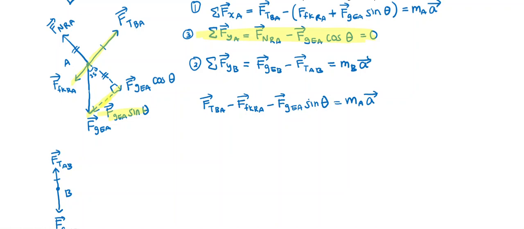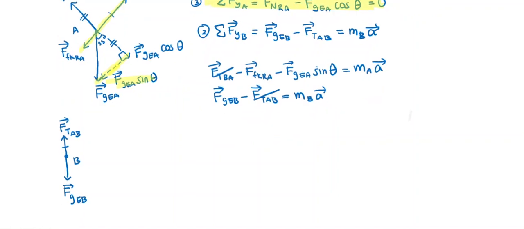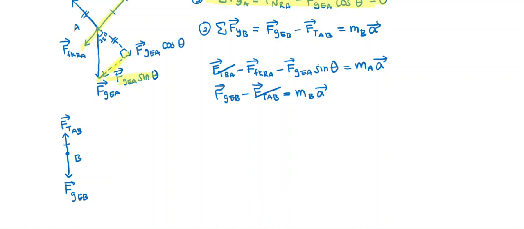And then we're gonna write equation 3 here. So gravity minus tension equals net force. And then we can cancel out the tension forces like we did before, and then just add the two together.